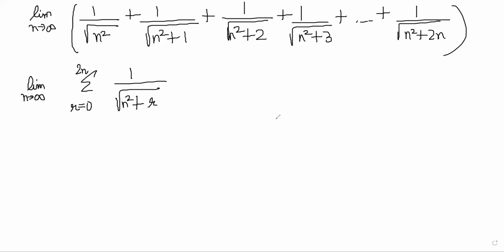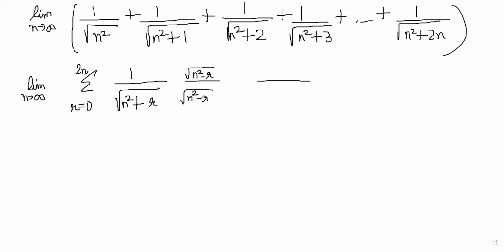We can't multiply and divide like root of n. Maybe we can. If we try to do that rationalizing, if you multiply by root n square minus r, what comes? N square minus r on top, and root n square minus r will become basically, no, not n square minus r.